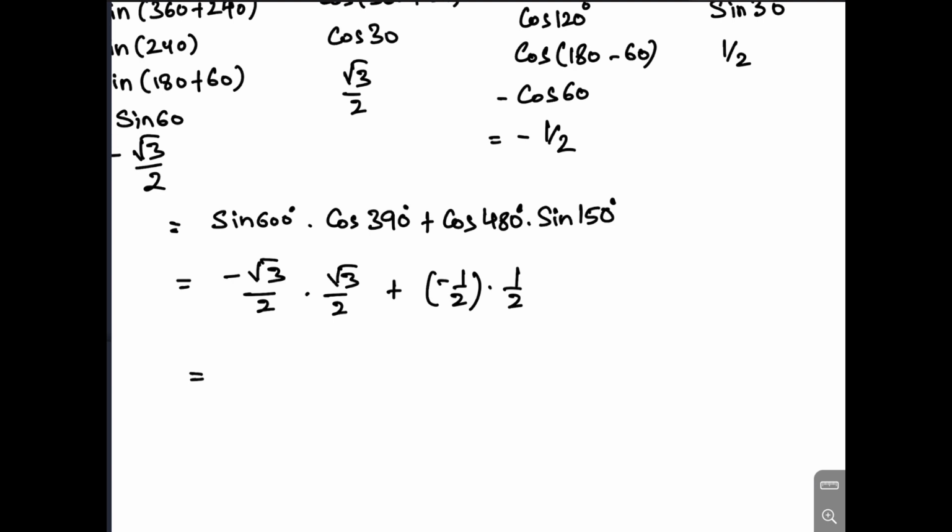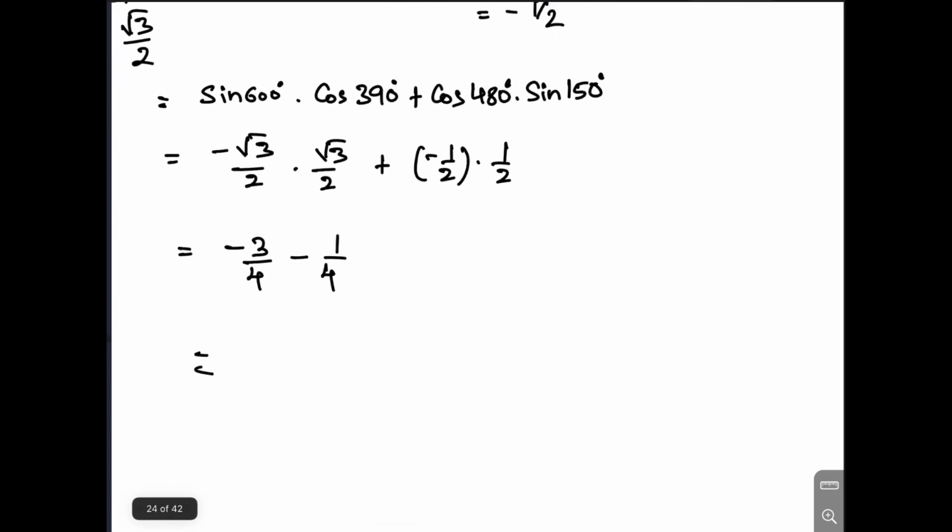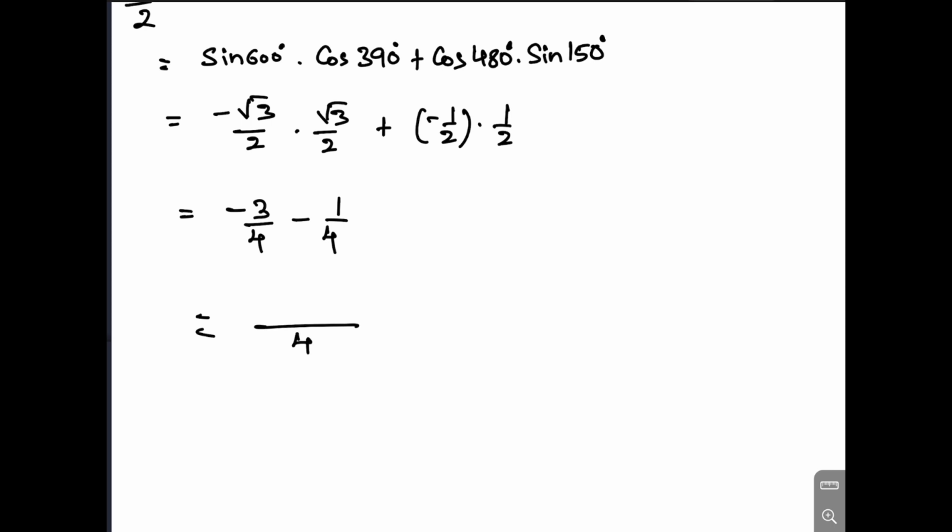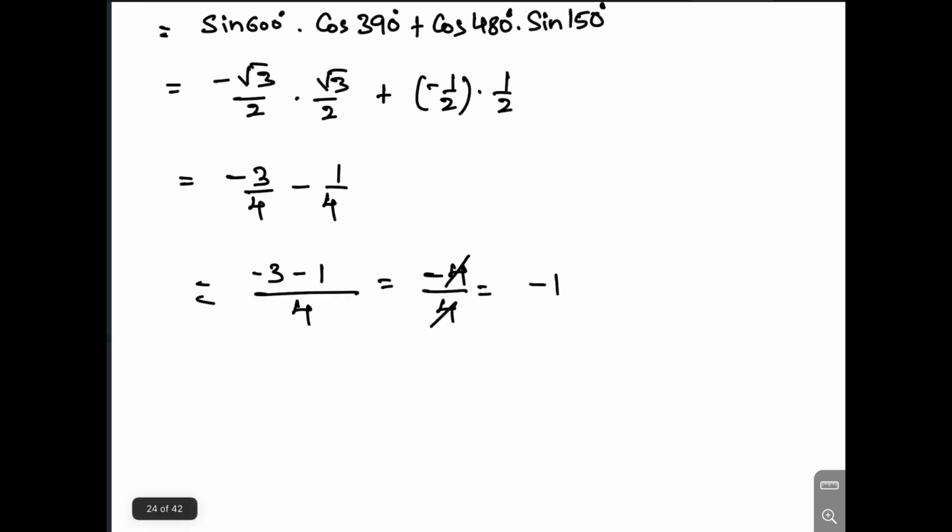So minus root 3 by 2 into root 3 by 2 gives minus 3 by 4, plus minus 1 by 2 into 1 by 2, which gives minus 1 by 4. We can take the LCM: minus 3 minus 1, so minus 4 divided by 4. So these two will cancel, minus 1. So hence RHS proved.